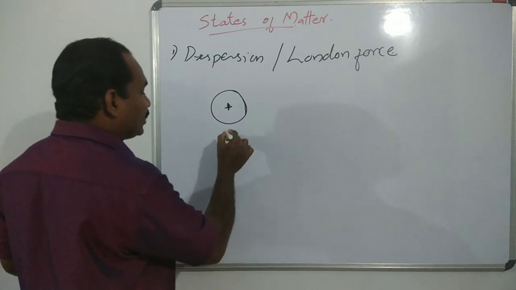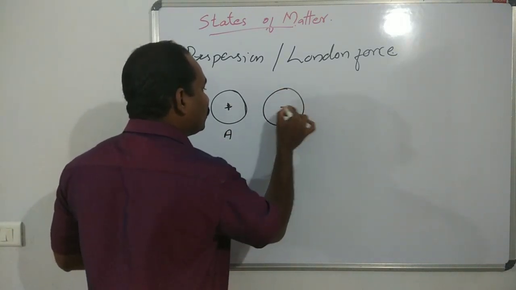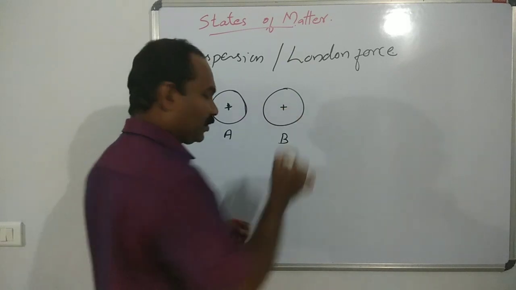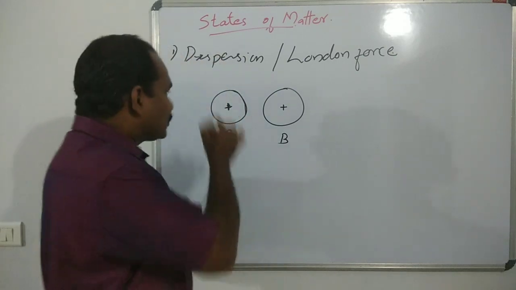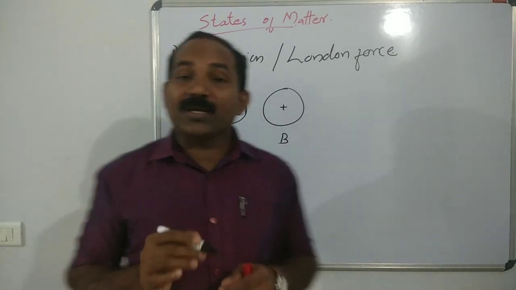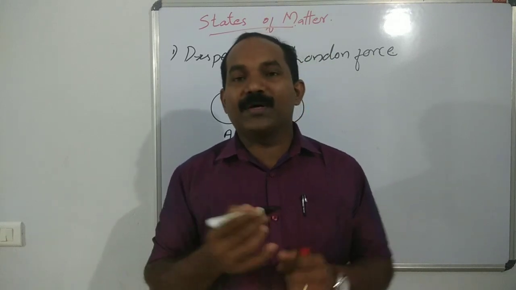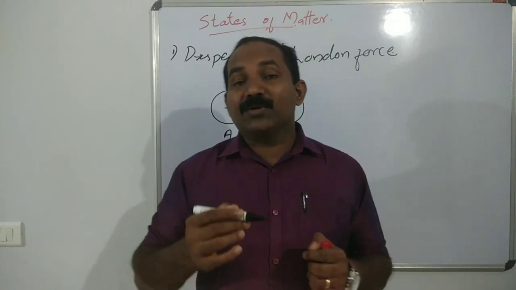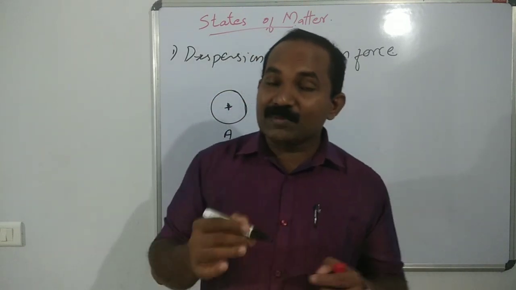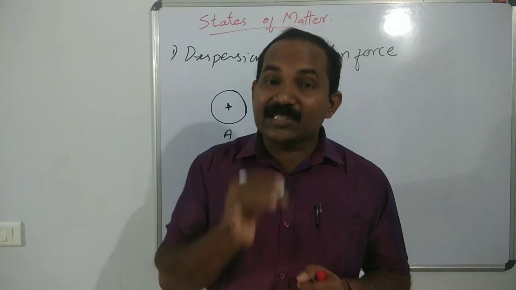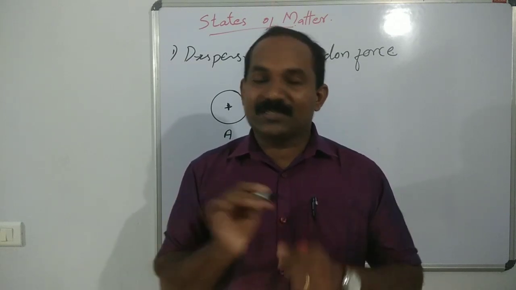Let's take an atom A and another atom B. The electron density or the electron cloud is symmetrical around the nucleus. However, the symmetrical arrangement of negative charge around the positive charge momentarily changes.